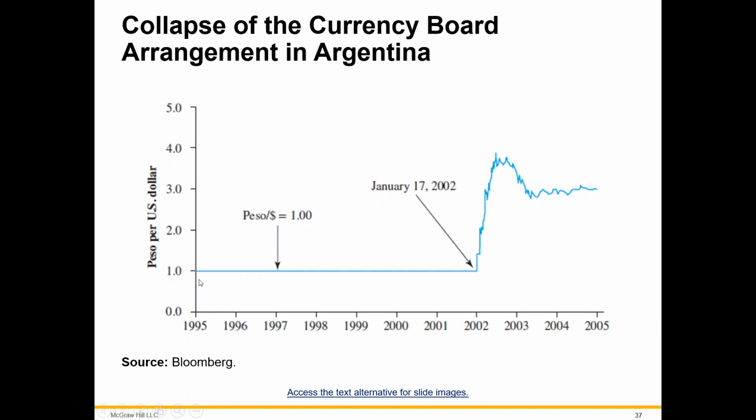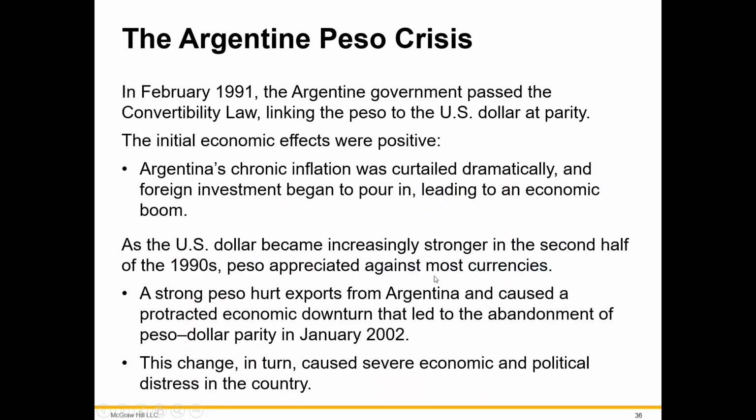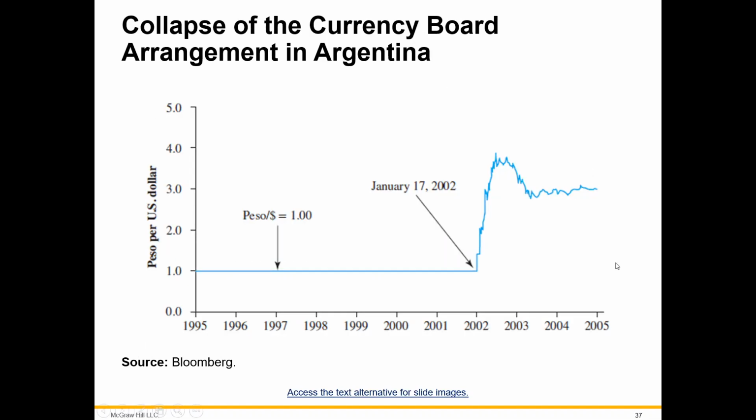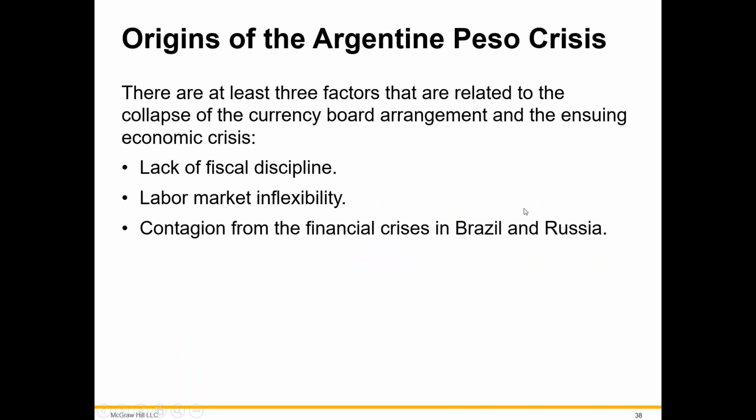So you have this peg, peso dollar for dollar, and in 2002, the peg was abandoned. And you can see within the course of 6 months, you have 300% inflation, something like that. Comes back down, goes to 200% instead of 300%, correct? Within a year, but massive inflation. So origins of the peso crisis, lack of fiscal discipline, right?